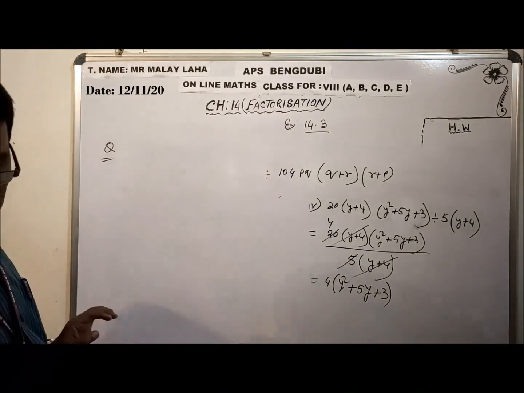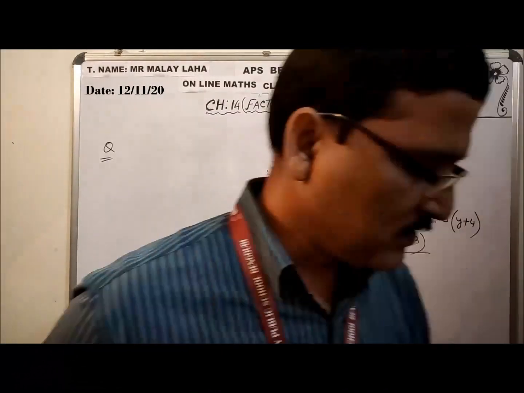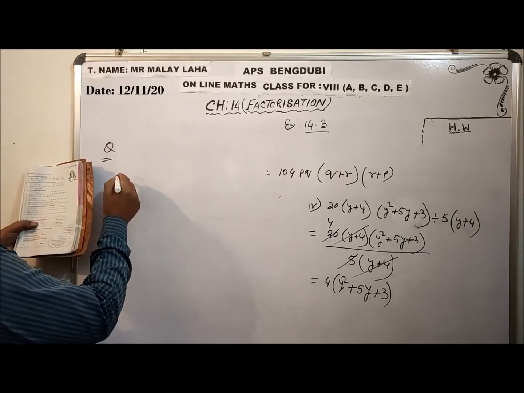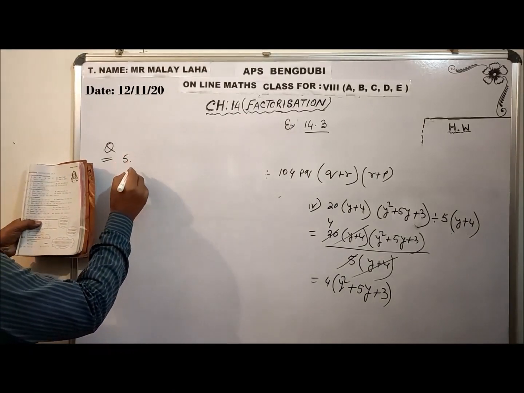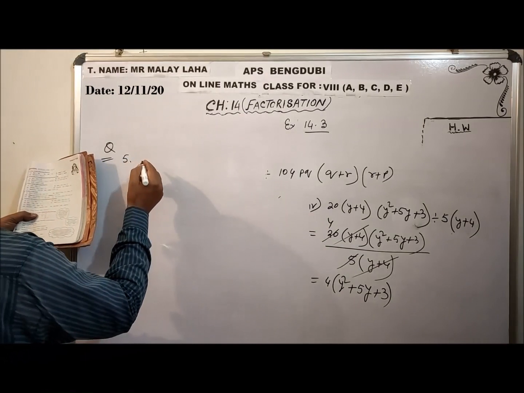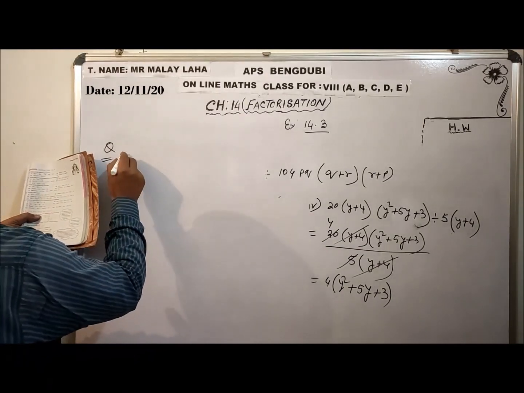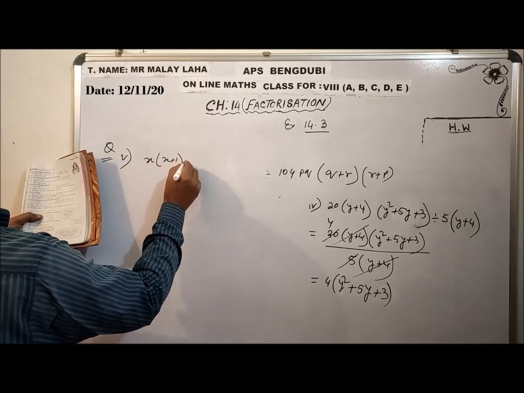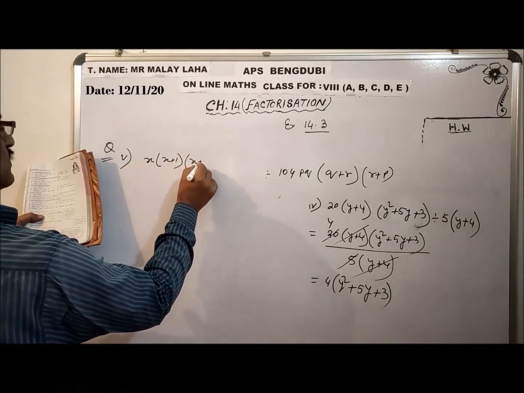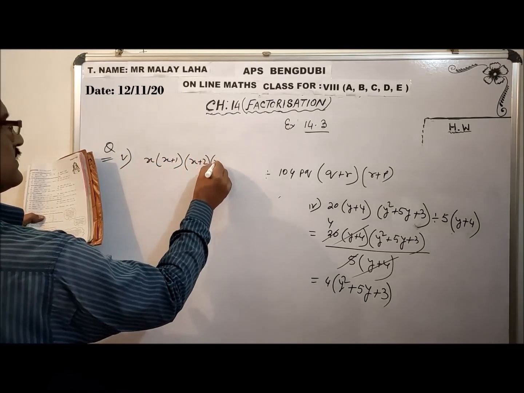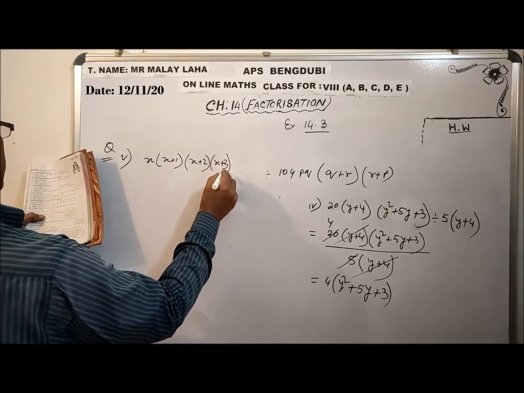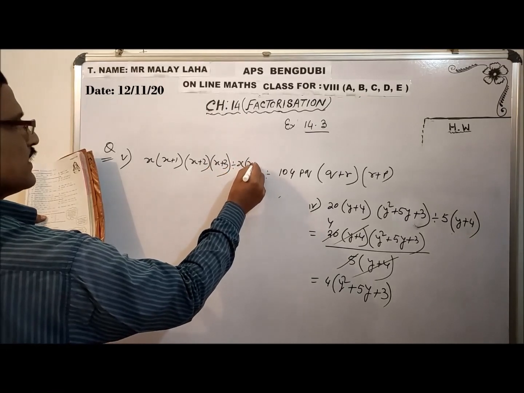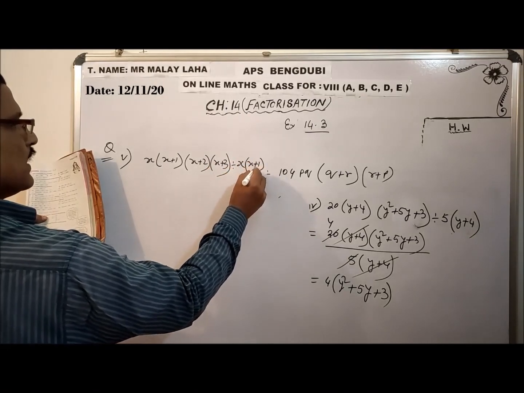Last one, then I will give a break today. Tomorrow, the last question along with some questions from other books I will manage. Sorry, 5: x into (x plus 1), (x plus 2), (x plus 3) divided by x into (x plus 1).